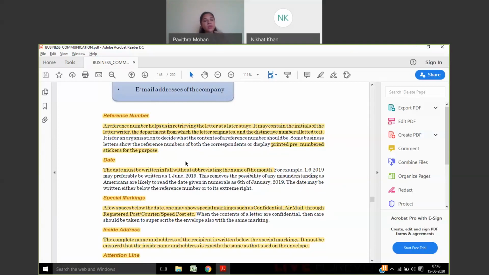In the same way, when information is sent from a government department to various other departments, or from a government department to various companies, they will generally give a reference number. Let's say it is being sent by MCA.